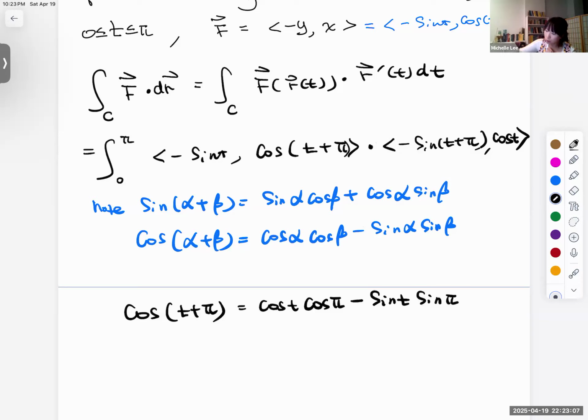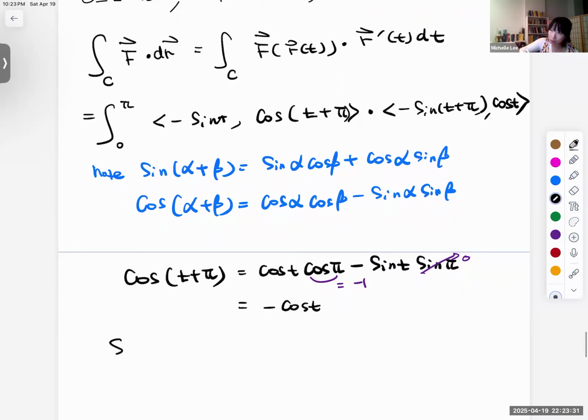Sine pi equals 0, so this is 0. Cosine pi equals, actually, negative 1. So we get negative cosine t.